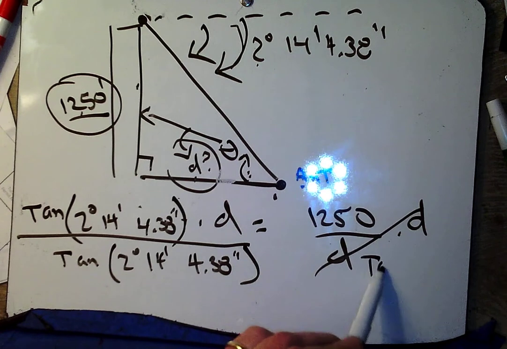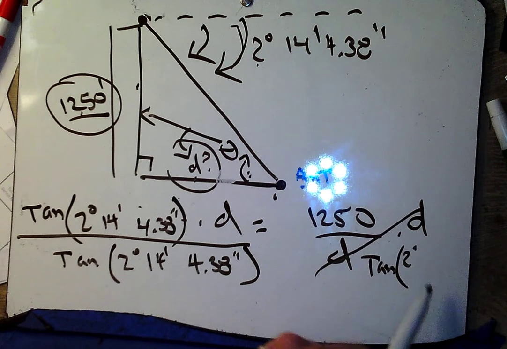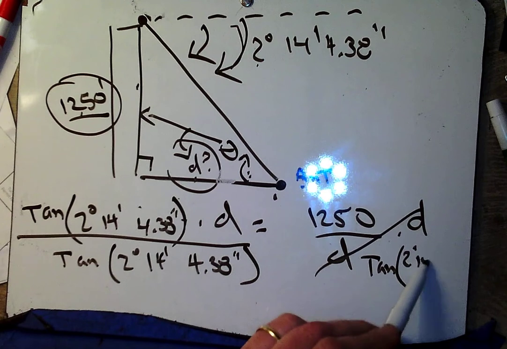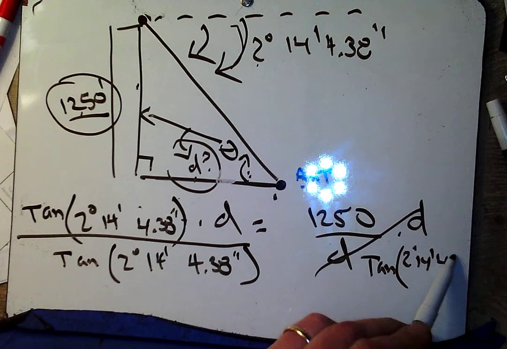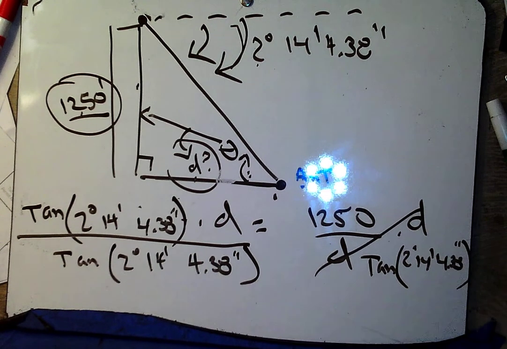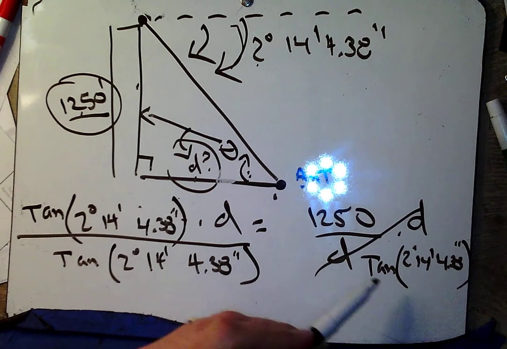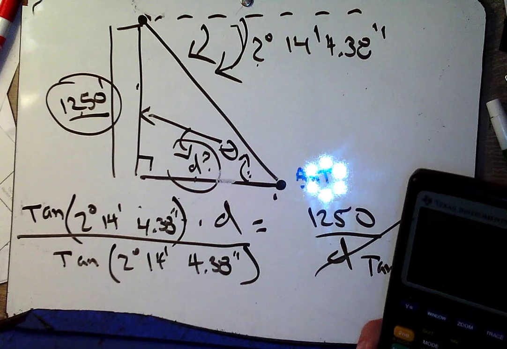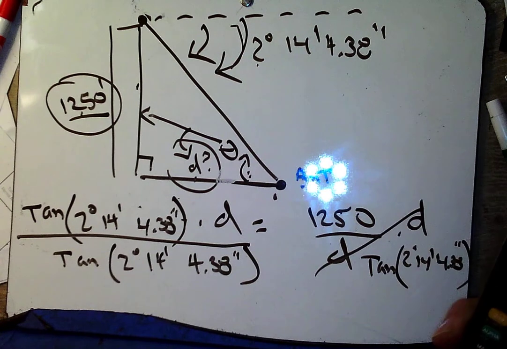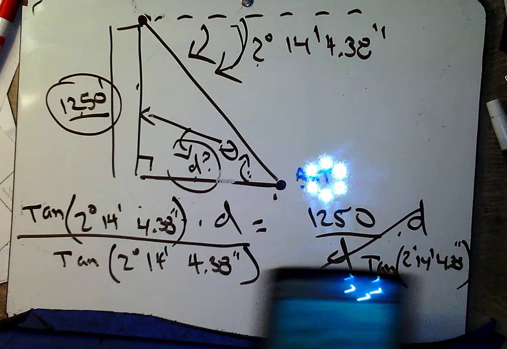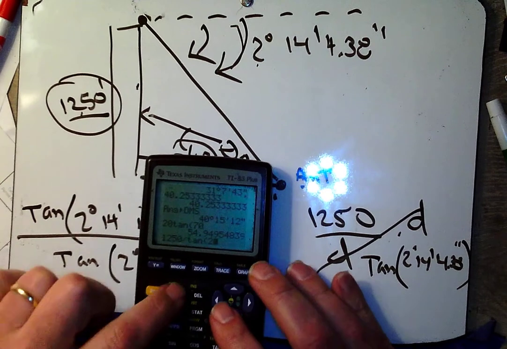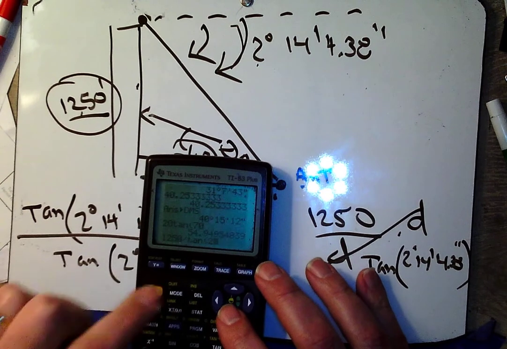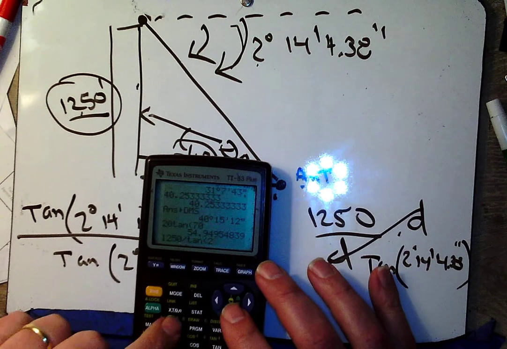So over here, 1250 divided by tangent 2 degrees, 14 minutes, and 4.38 seconds. 1250 divided by tangent 2 degrees. Oh, okay. Mode, degrees, good. Tangent 2 degrees.